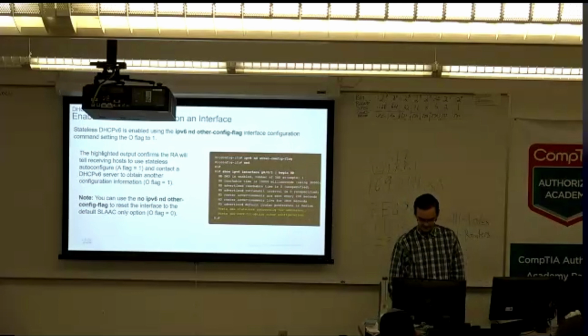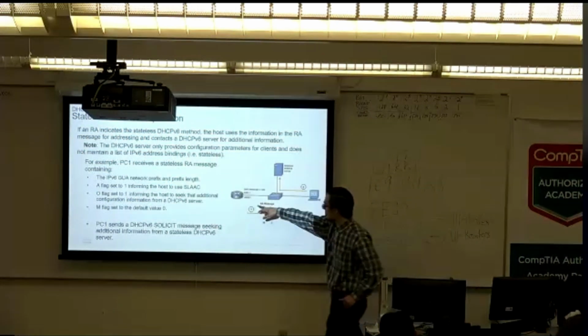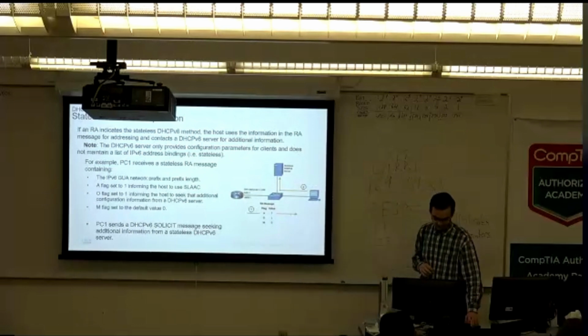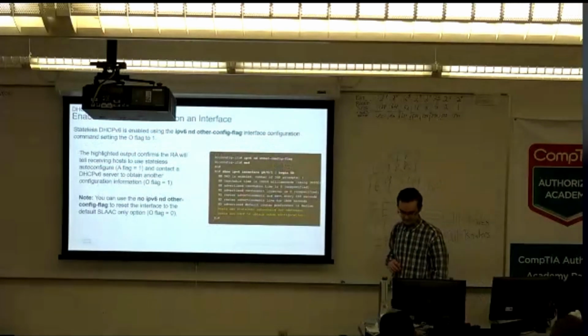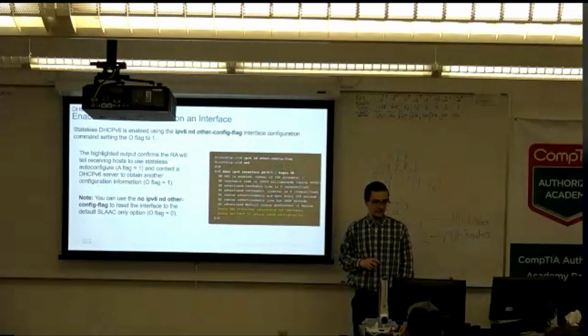If you're looking at the one above it, it's interface Gigabit 0/0/1 that is connected to the LAN, right? Yes. So to put that IPv6 ND other config flag, you just go to whichever interface is connected to the LAN, correct?